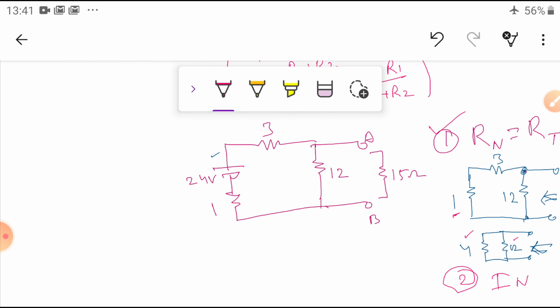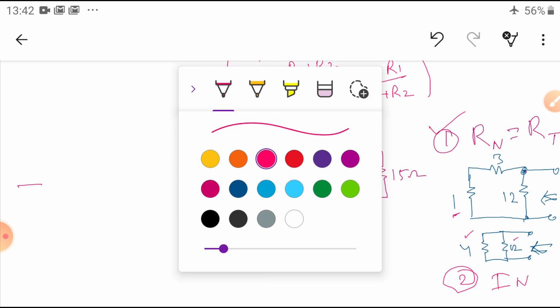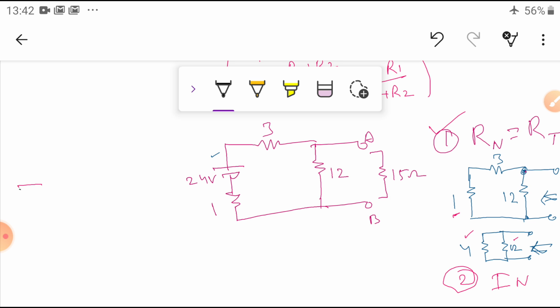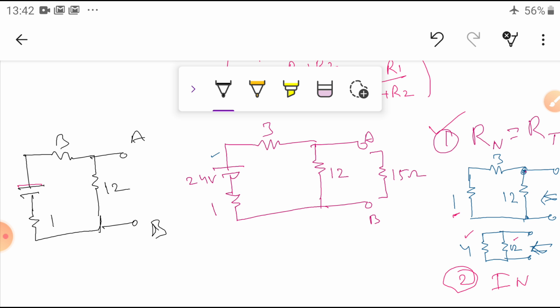You write the same circuit: 3 ohms, 12 ohms, 1 ohm connected here, with terminal A and this is B, and the voltage of 24 volts.